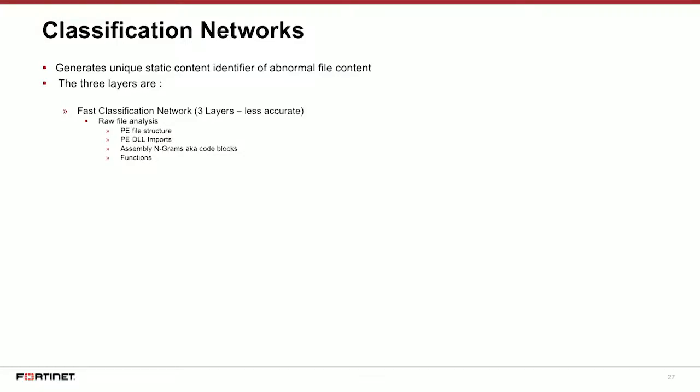So the classification networks generate a unique static content identifier of an abnormal file content. We have three layers. The fast classification layer does raw file analysis, which, as I told you guys, looks for this type of information, such as PE file structure, PE DLL imports, assembly n-grams, code blocks, and functions. And we have the slow classification network, which does dynamic file analysis.